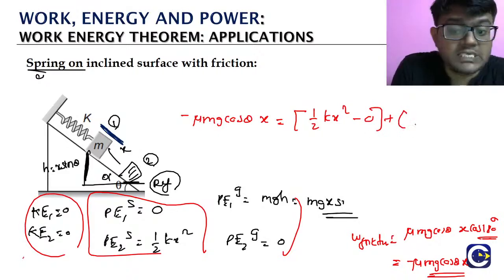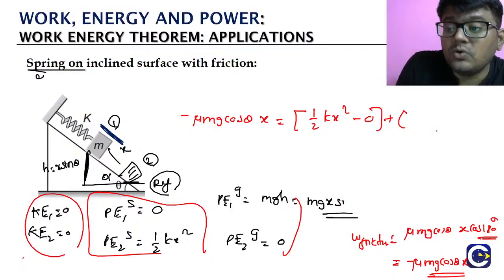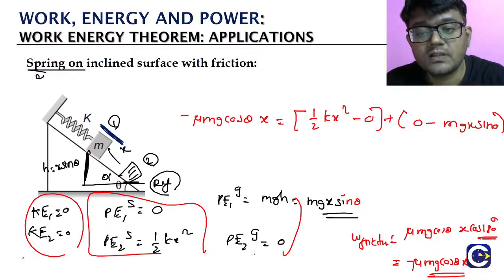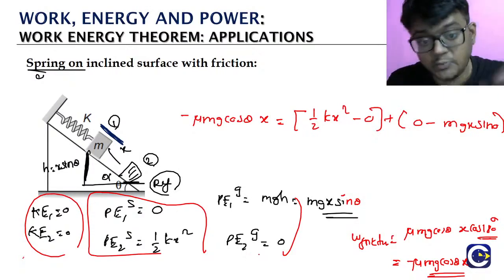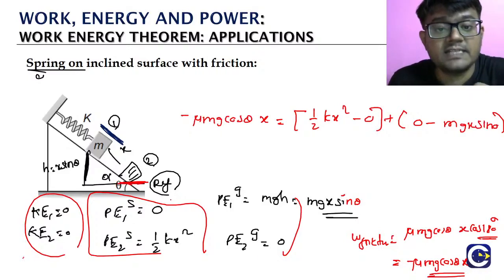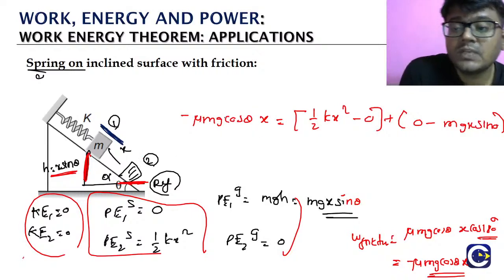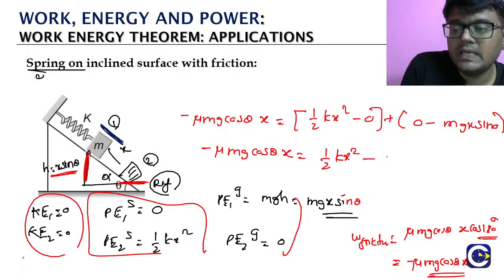Change in gravitational potential energy: finally 0, initially mgx sin theta. That is the initial potential energy at point 1, because we are considering the final point as the reference line, and from there point 1 is at a vertical height of x sin theta. Okay? So what we get is minus mu mg cos theta into x is equal to half kx squared minus mgx sin theta.